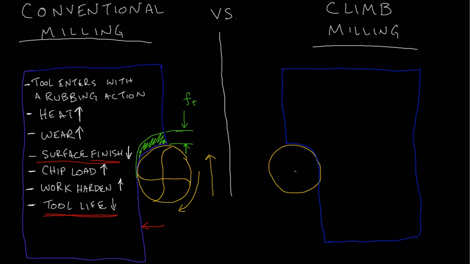There's two teeth there, and then it's a four-tooth end mill. So what you'll see here when the tooth enters the material, it actually enters from this surface here.